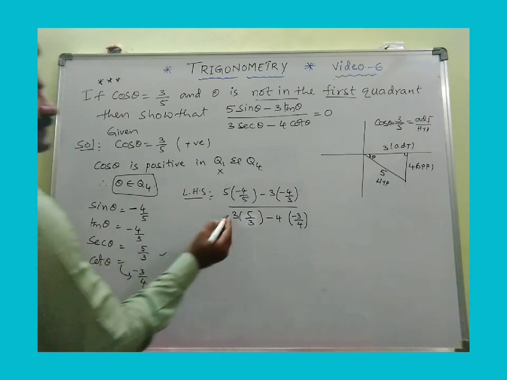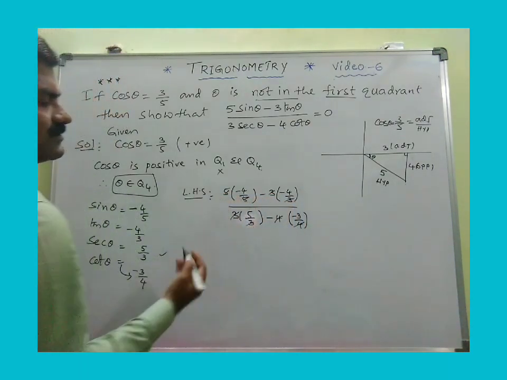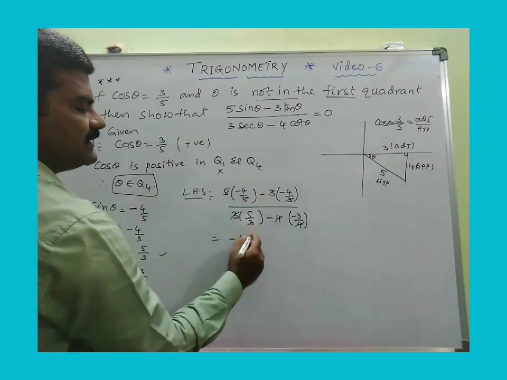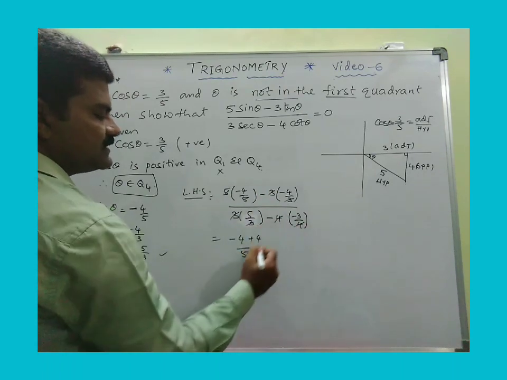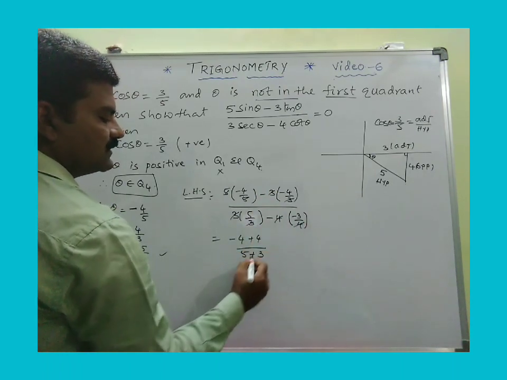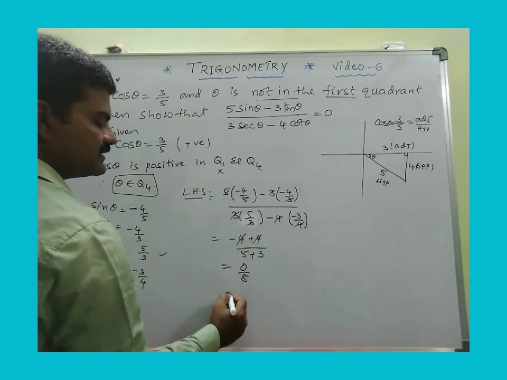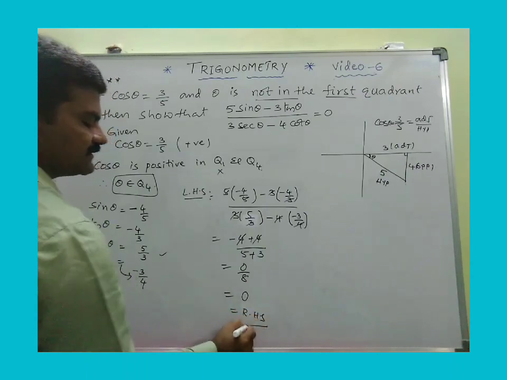See here, 3 cancels, 4 cancels, 3 cancels, 5 also cancels. Now the numerator is minus 4 minus of minus, plus 4, and the denominator is 5 minus of minus, plus. So plus 4 and minus 4 cancel, 0 by 8, and 0 by anything is 0, which is the RHS.